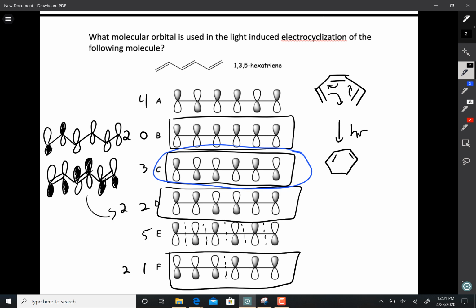There is a node between these two, so there isn't one here, and so on and so forth. And you can see that this matches that, making that the LUMO. So the answer here on this question is C.